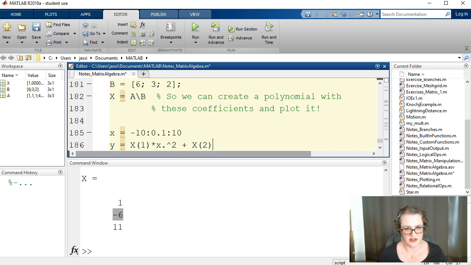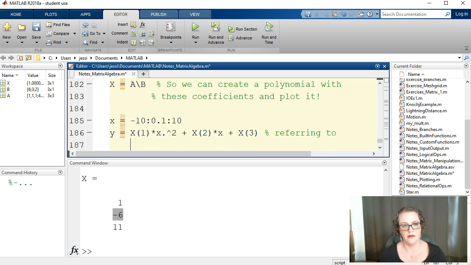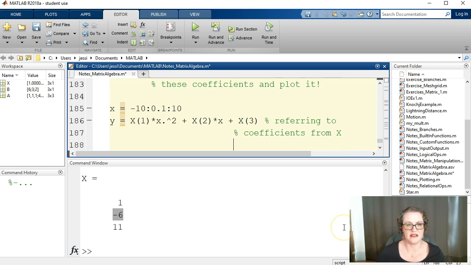Nope, no squaring here. Just times x, that's lowercase x, plus x3. So I'm referring to coefficients indirectly. I'm using their references from capital X. And now I'm going to plot x and y. Plot x, y. And hopefully this all works out really nicely.